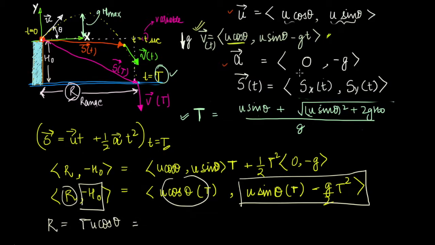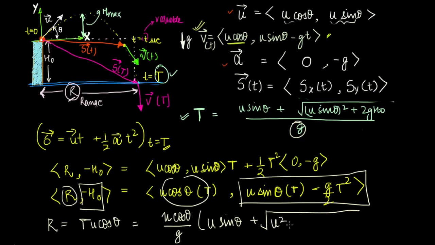And if I know what the expression for T is, which I do right there, then I can simply multiply by u cosine theta and get the entire equation. So that would be u cosine theta by g, and the g factor comes from here, multiplied by u sine theta plus the root of u square sine square theta plus 2g h sub 0, and close the brackets.